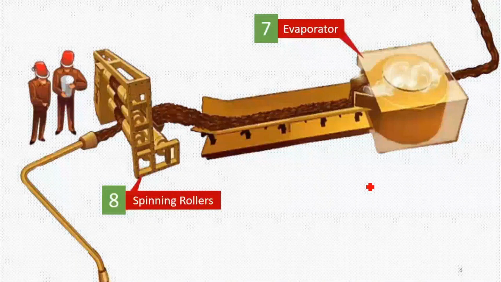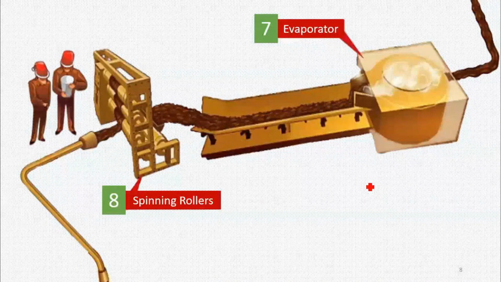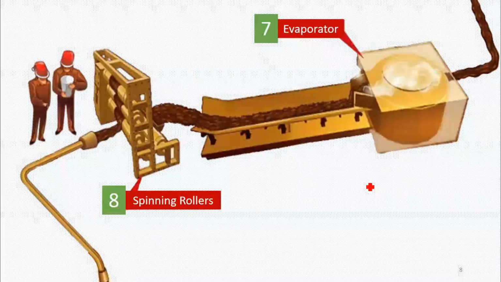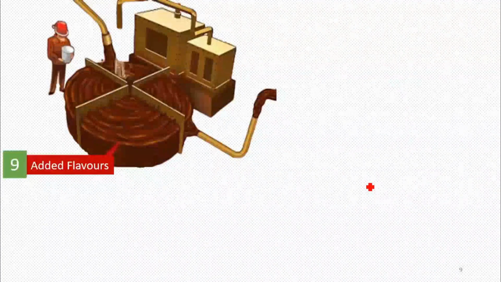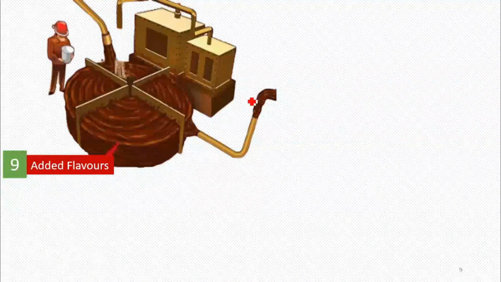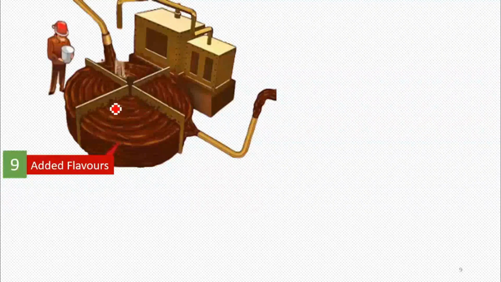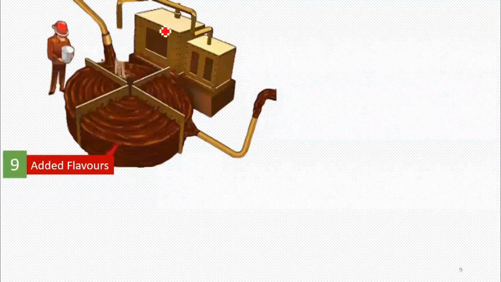Again, we are facing rollers, but this time rollers are there to improve the consistency and texture of the mixture. And then you can see the material has been moved to this container, and we have these two chambers.